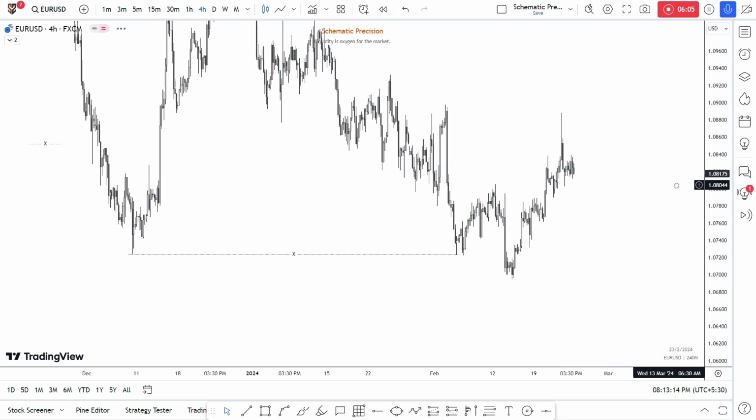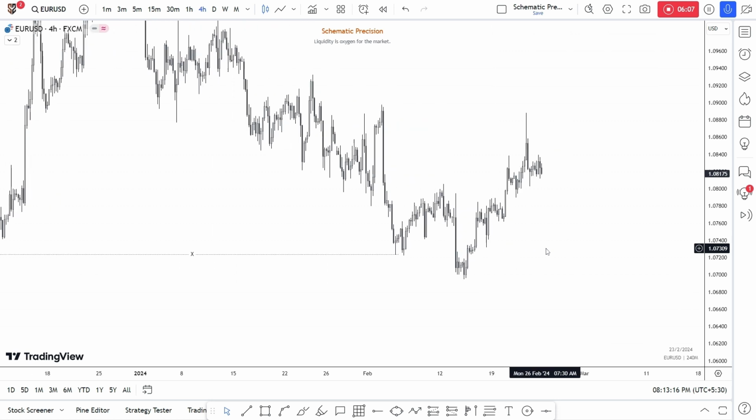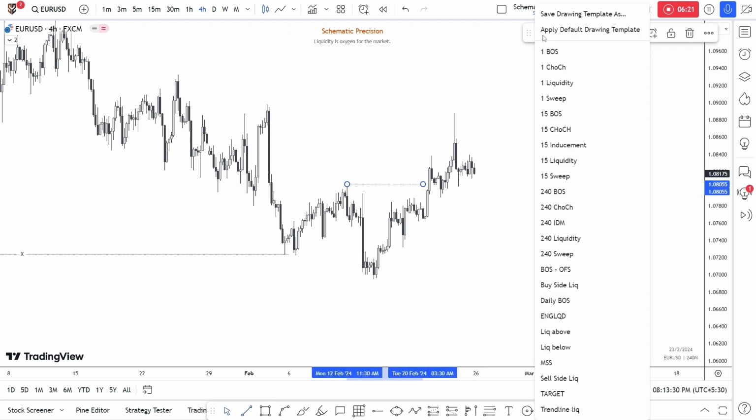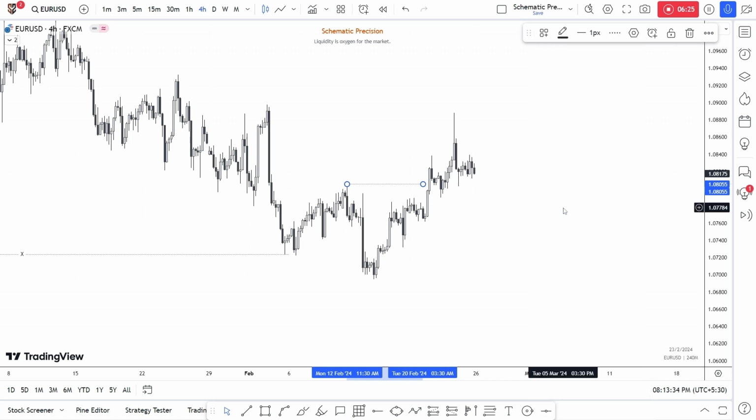Okay. So after we took this inducement, the first high, which is this one, or you can take this one as well because this whole is one structure. So we have this change of structure here. If I mark for you, we have this change of structure here.